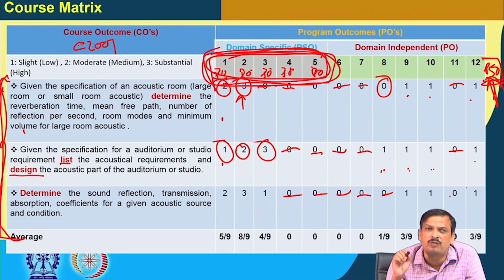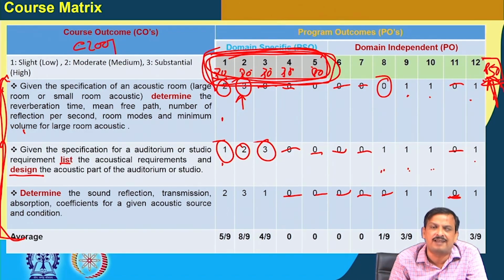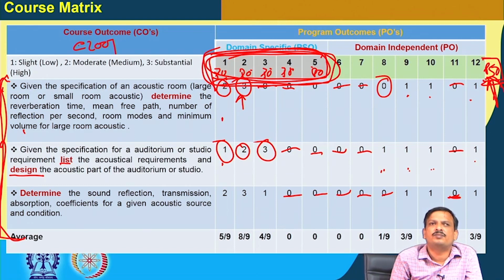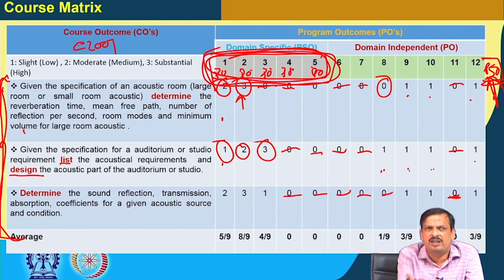If it is 0, it will contribute to the average. Let us make it a dash. Either you make it 0 or you make it a dash; only when you put 0 does it contribute to the average. If you put a dash, it does not contribute to the average. Let us say I put 0.